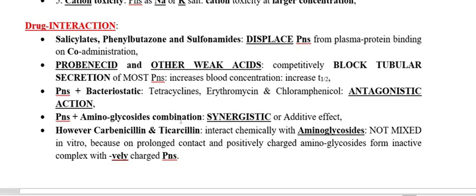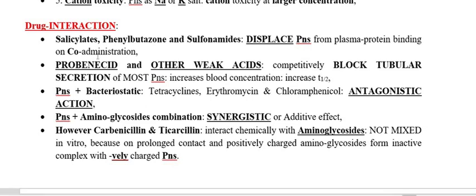One that you have already gone through is probenecid. When probenecid and penicillin are used together, probenecid is going to inhibit the tubular secretion of penicillin G. Inhibition of tubular secretion of penicillins means the drug remains in the serum or plasma for a longer time interval, and it enhances its activity.